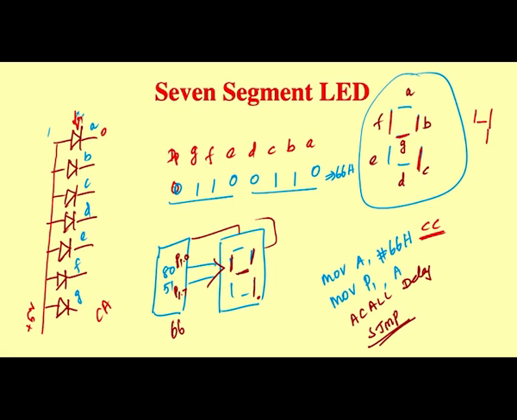Common cathode configuration means I have to give 1 to switch on the LED. So, A is to be off, so I give 0 volts, B is to be on, so I give 1, for C 1, then D is 0, E is 0, F is 1, G is 1. Now, reading it in hexadecimal, it is 66. So, by giving the value 66, you will get the 4.